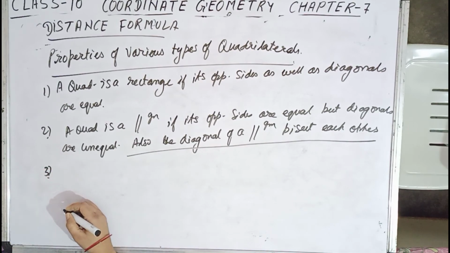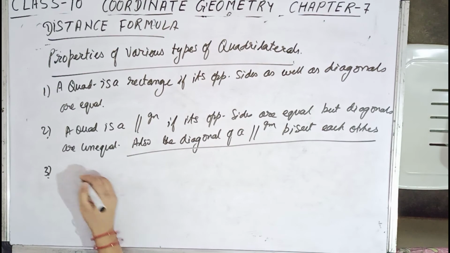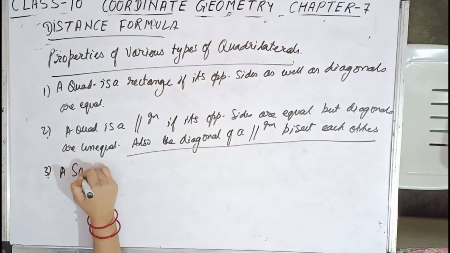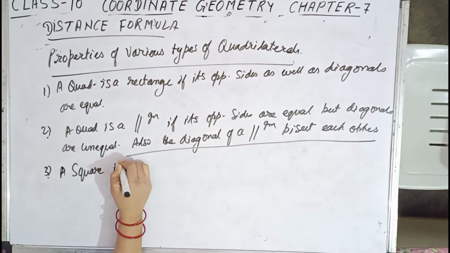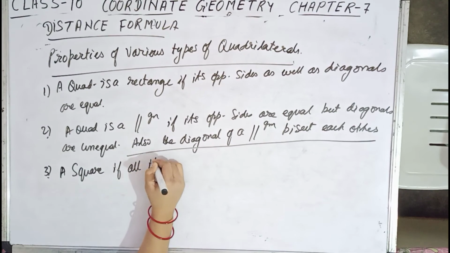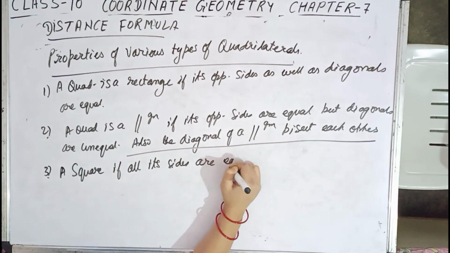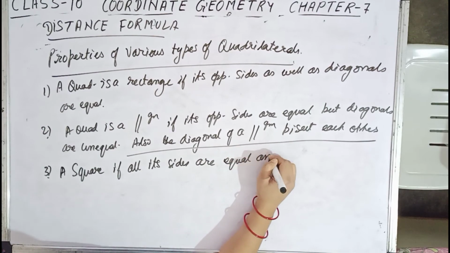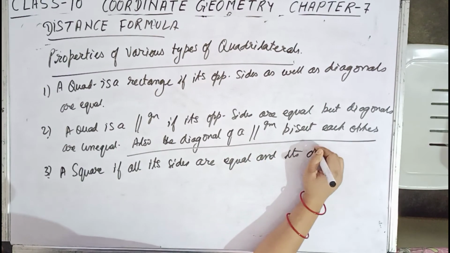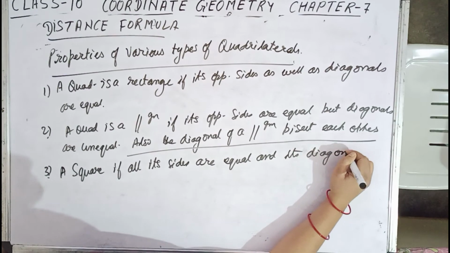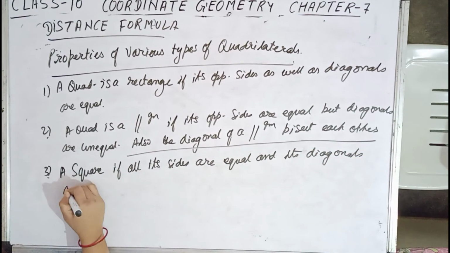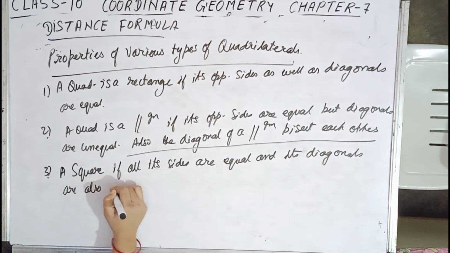Now number 3, a square if all its sides are equal and its diagonals are also equal.